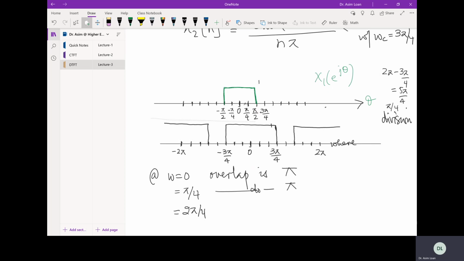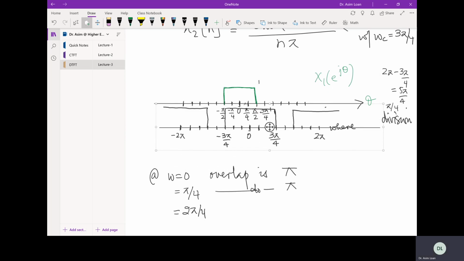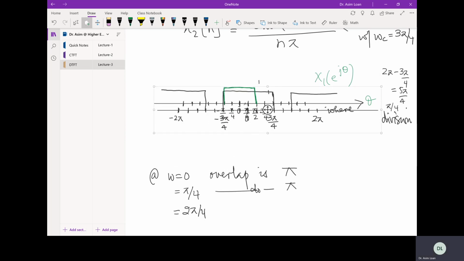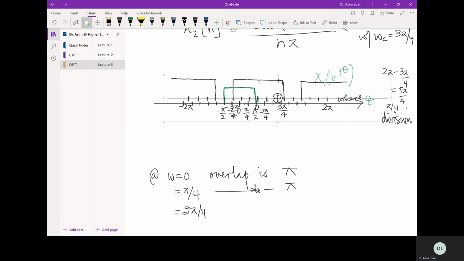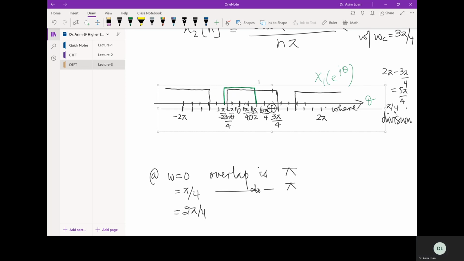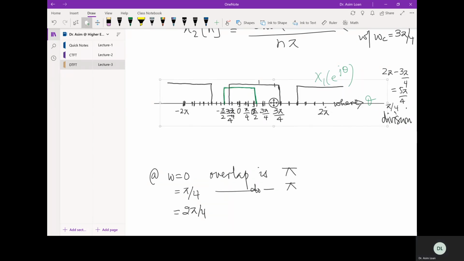If my 0 is on top of this pi, I have only 1, 2, 3 overlappings.